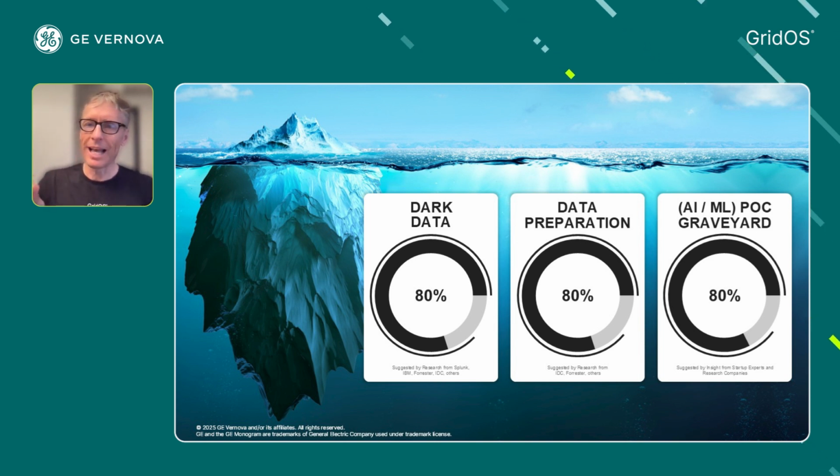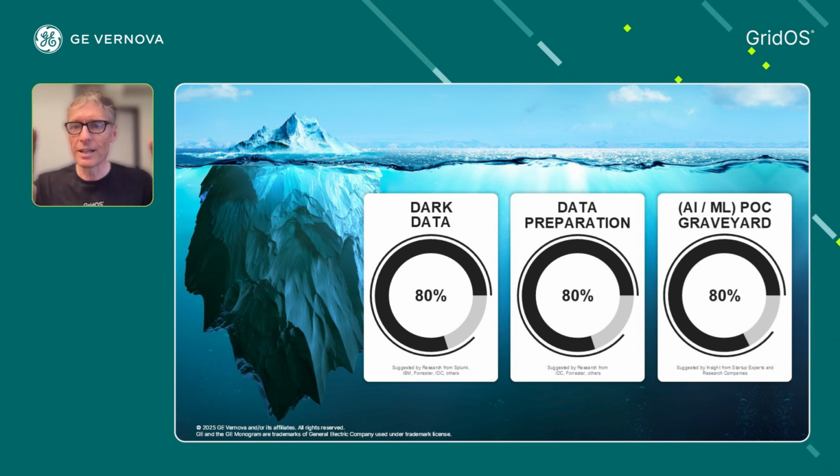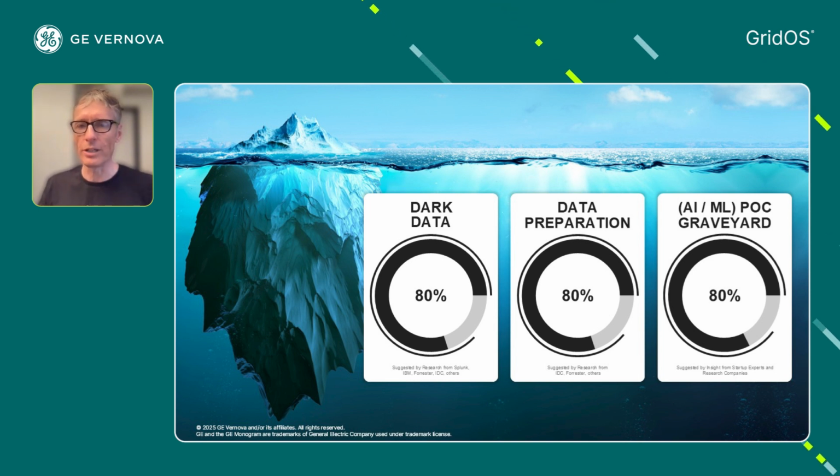So that means less than 20% the data science team is spending on science, on innovating. But 80% they are just spending on preparing the data foundation, the good data foundation we spoke about.